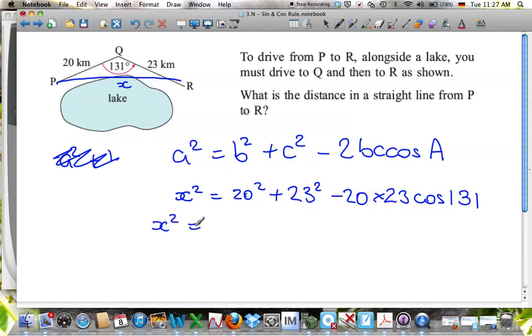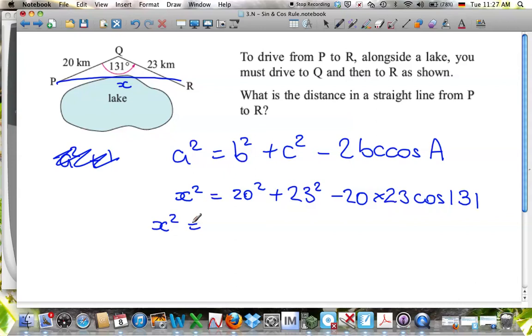So that gives us x squared equals, I'm going to type all of this into my calculator, 20 squared plus 23 squared minus 2 times 20 times 23 times cos 131.